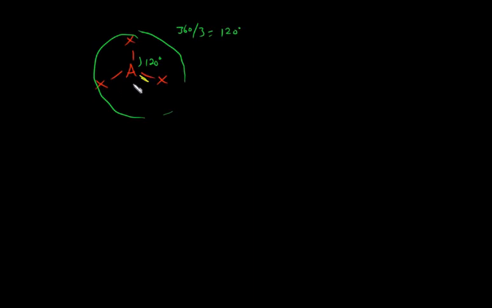So what it will affect now is that the angle here will be increased. Instead of 120, it will be bigger than 120. So the angle here will be bigger than 120, and also here will be bigger than 120.